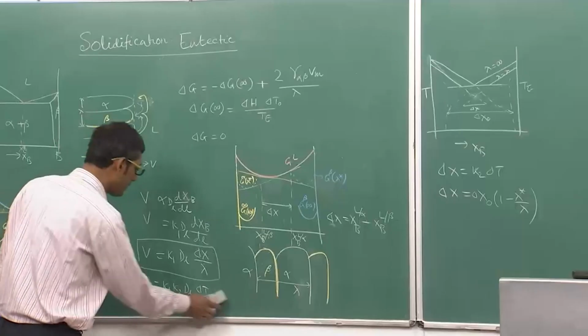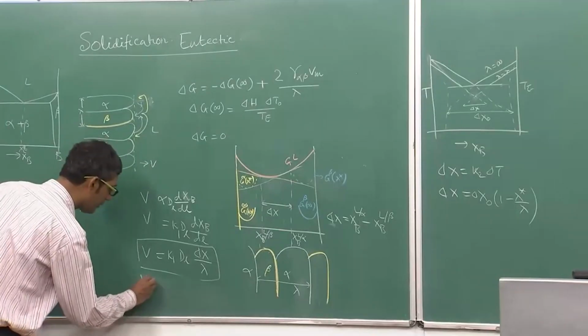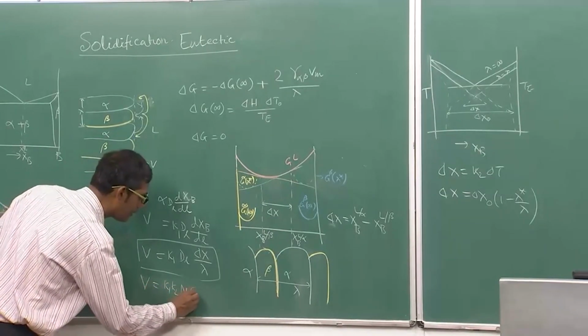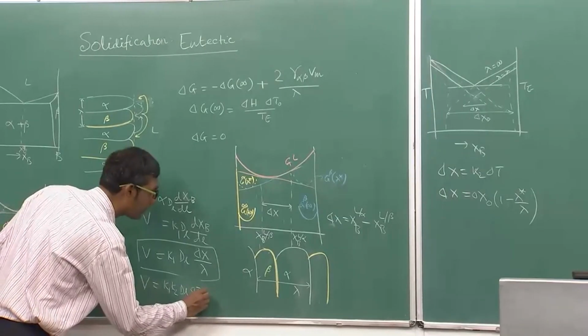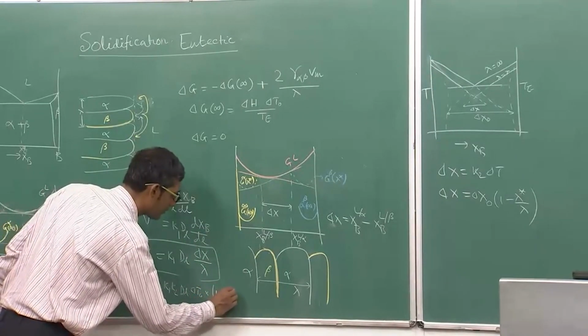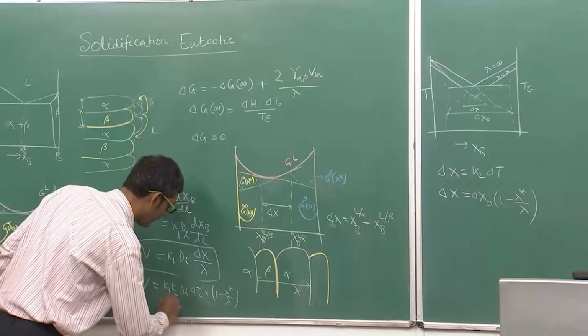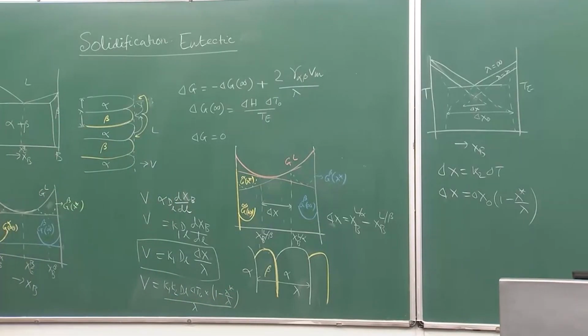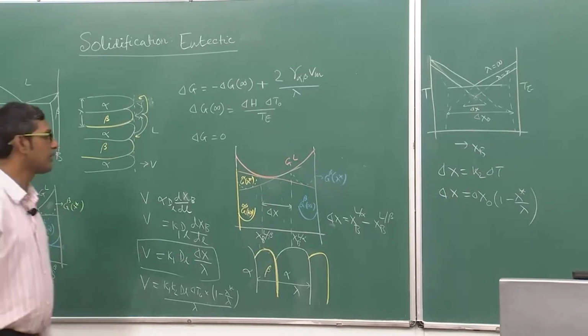Now, if I do the things properly, then this V will be equal to K1 K2 D_l delta T0 multiplied by that factor, 1 minus lambda star by lambda, divided by lambda. That is what you can write down, correct. So now we can actually do the math properly.